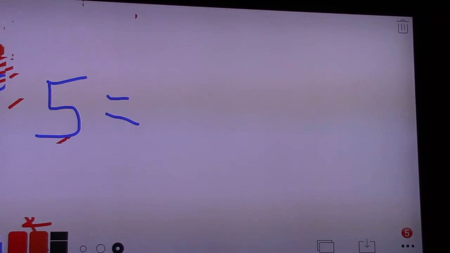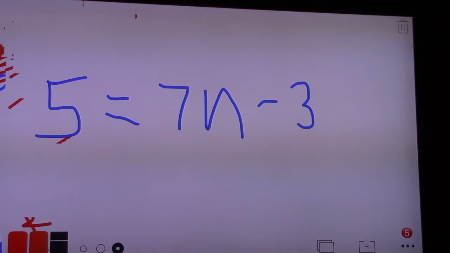Okay, so if I have 5 equals 7n minus 3. So I have 7n minus 3.